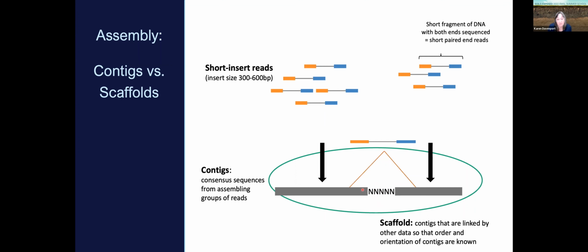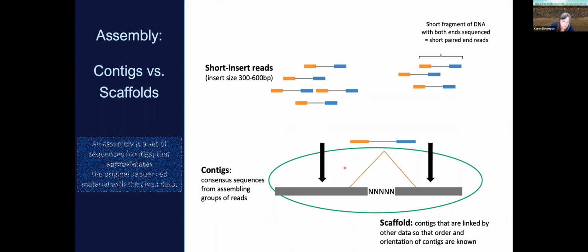An example of what might create a scaffold would be where you've got a read where one end of the fragment is in this contig, and the other end of the fragment is in this contig, and this middle section is unknown. So what you get in the end, your assembly, is an approximation of the original sequenced material based on the data that you generated.